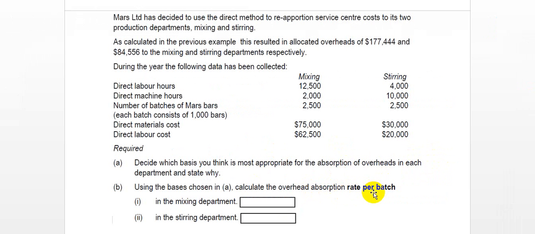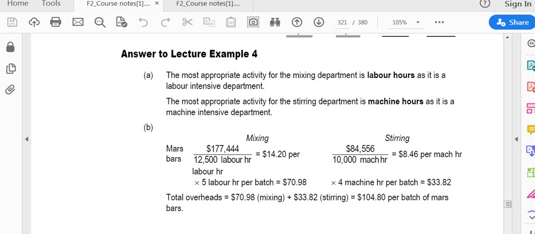overhead absorption rate per batch. So we have to bring in the batches. We are told the number of batches in the mixing is 2,500, and each batch consists of 100 bars. So we need to calculate the labor hour per batch.